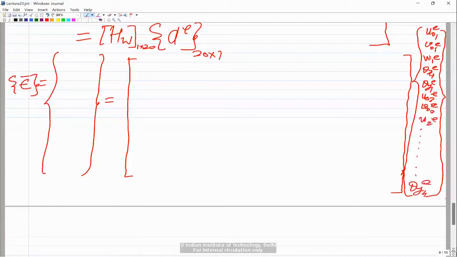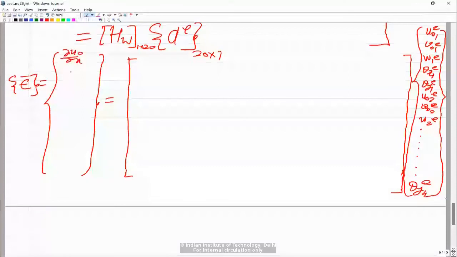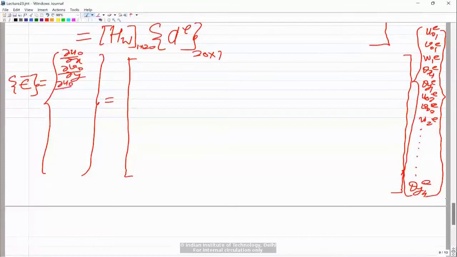Now, if you look at epsilon bar, the first element was del u naught by del x. The second was del v naught by del y. The third was del u naught by del y plus del v naught by del x.